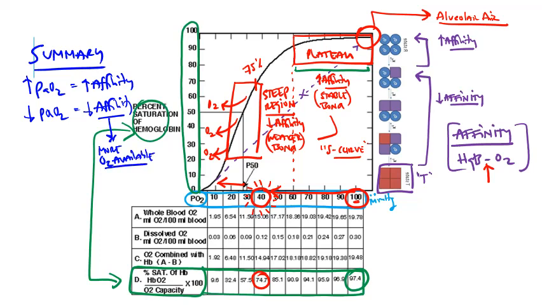So this is how hemoglobin innately understands and reacts to tissues that need more oxygen. They can deliver oxygen to tissues where it's needed, and they can hold on to oxygen in areas of the body that don't need it.